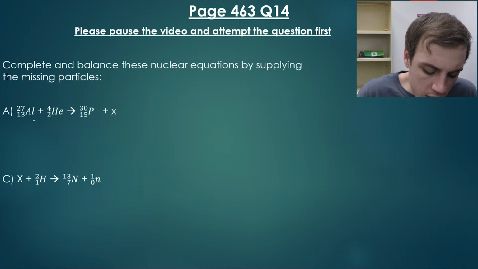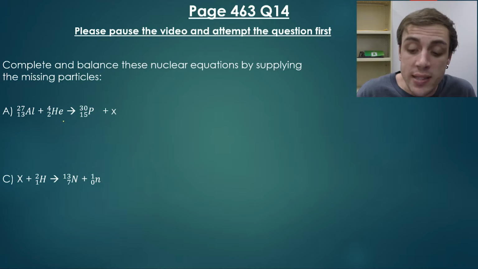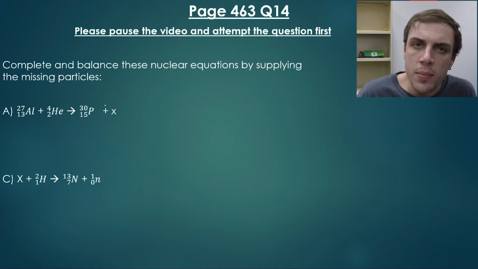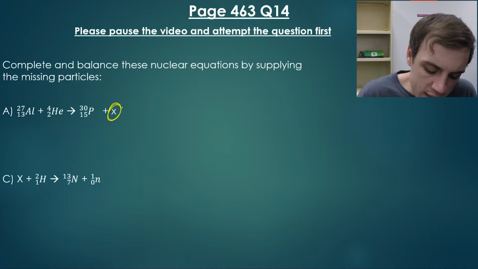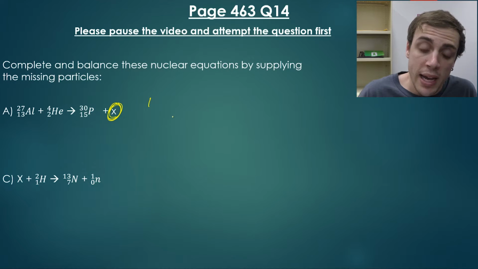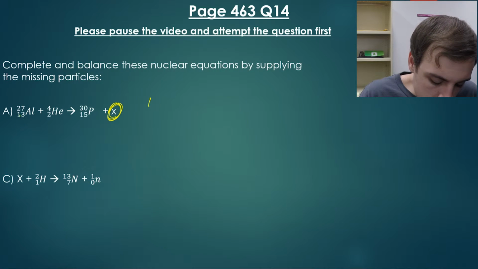So what we do here is, again, we just do some basic maths. We go 27, 28, 29, 30, 31. But this one only has 30. So that tells us that whatever this is has 1 up here, with the atomic mass. And then we go 13 plus 2 is 15.